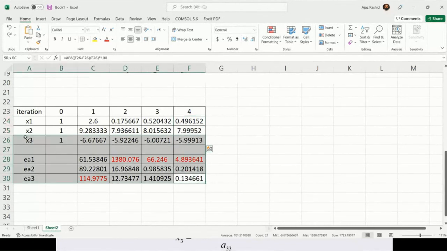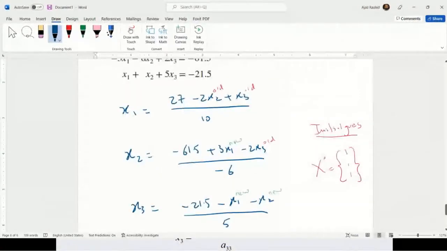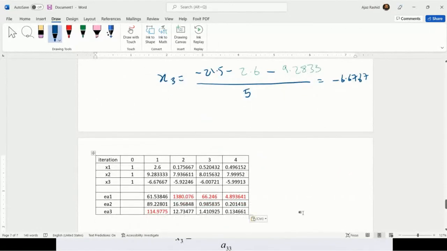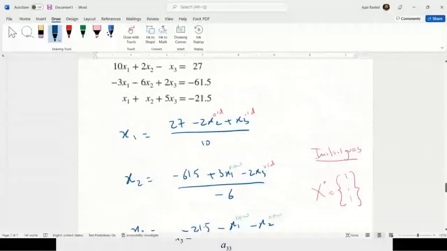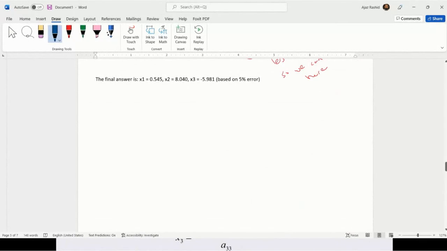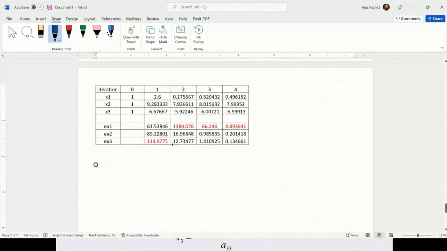So this, the Gauss-Seidel iteration, makes life much easier for us and helps us to reach the solution much quicker than what we had using the Jacobi iteration. Don't know why, but Word is not working very well.